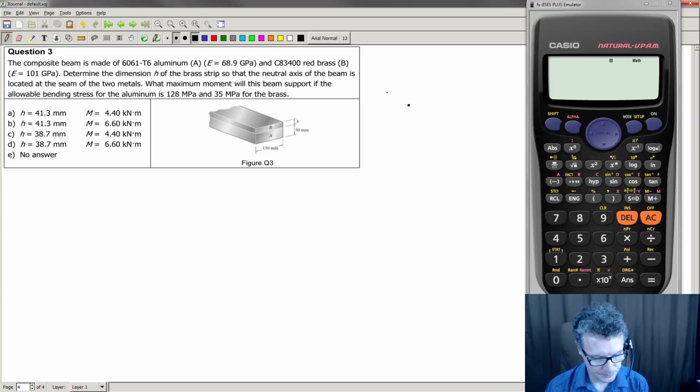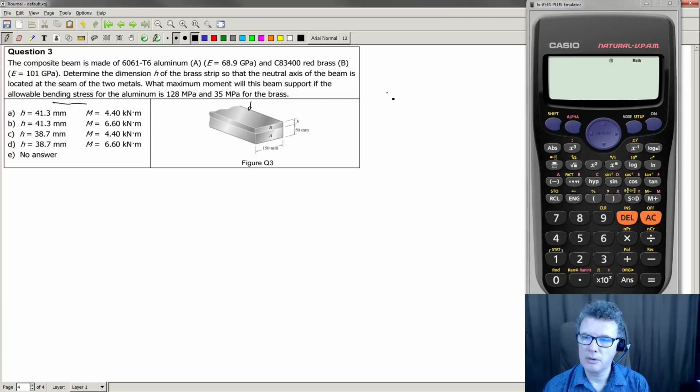Anyhow, decide which material you're going to use to model the whole thing. In this particular case, we're applying a force. We're going to create a bending, and we're interested in the bending stress that creates.